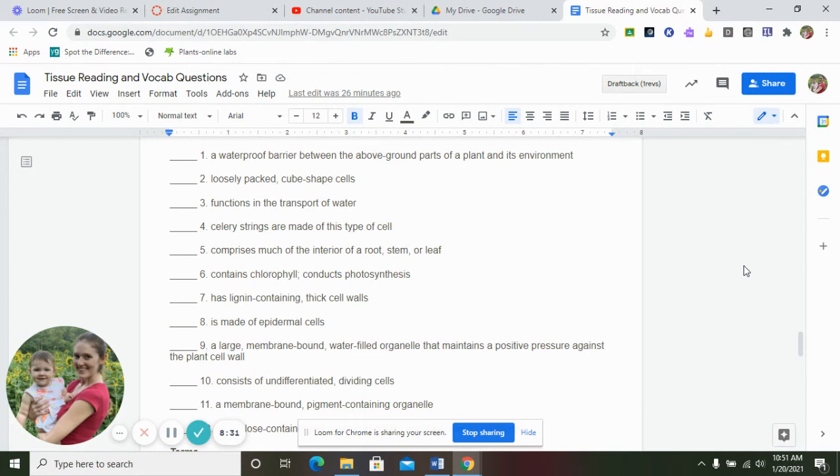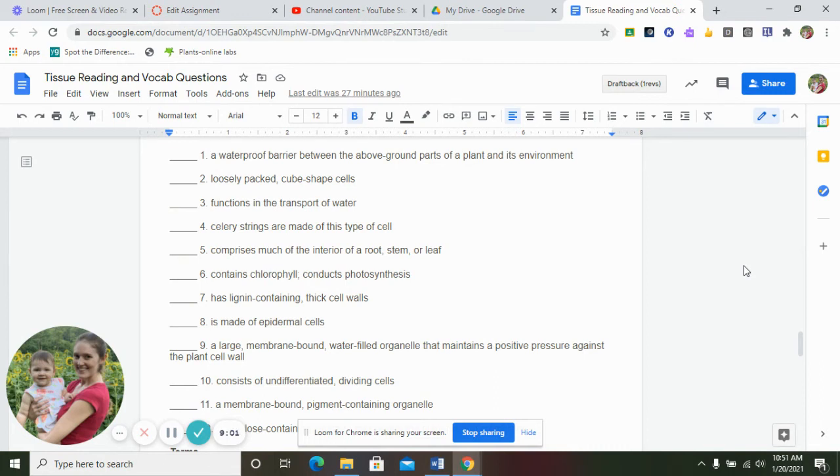So number 1, a waterproof barrier between the above ground parts of a plant and its environment. That is going to be F, the cuticle. Number 2, loosely packed cube-shaped cells. That is going to be J, the parenchyma. Functions in the transport of water. That is L, vascular tissue.